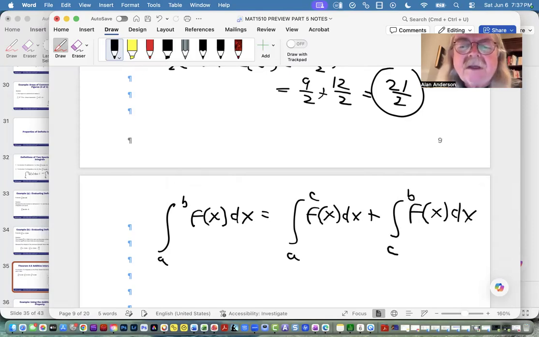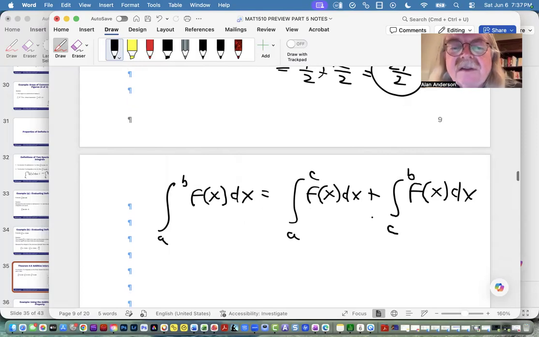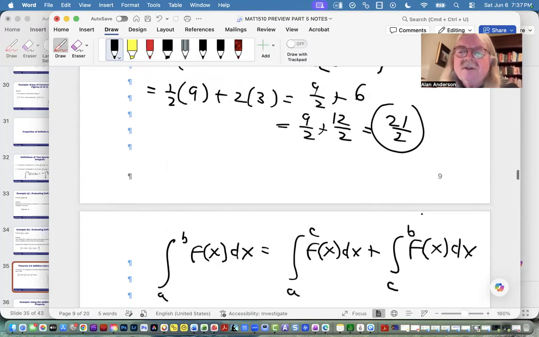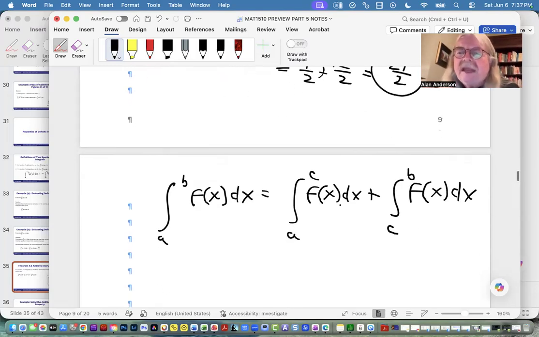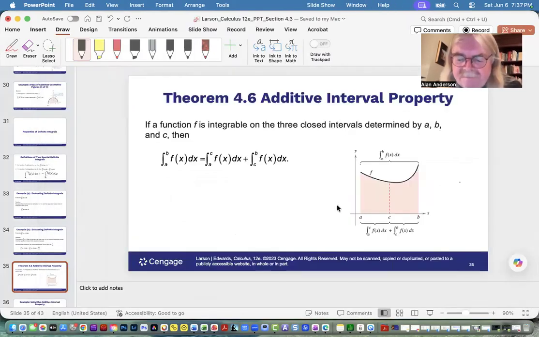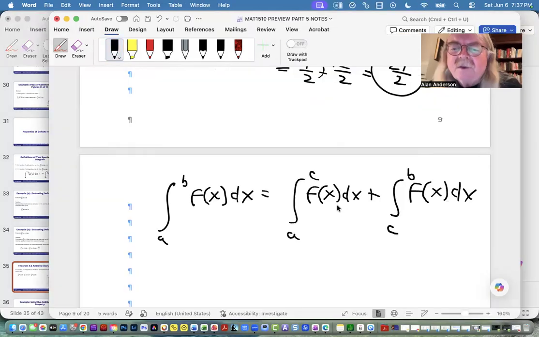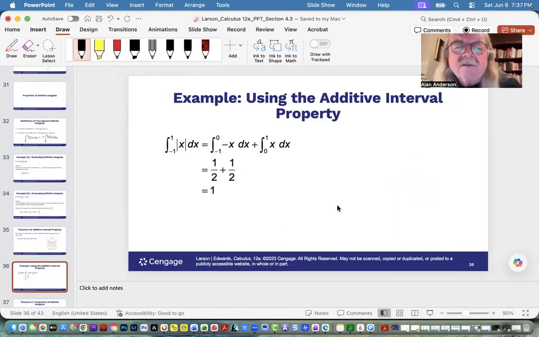In other words, you're splitting it up. You notice that C, we just introduced that here. But the two will add up to each other. So this might be helpful when you're breaking up a problem into two parts. Maybe the behavior of the function is very different on either side of C, like maybe being negative. And that's what that's for. It's really just for our convenience.